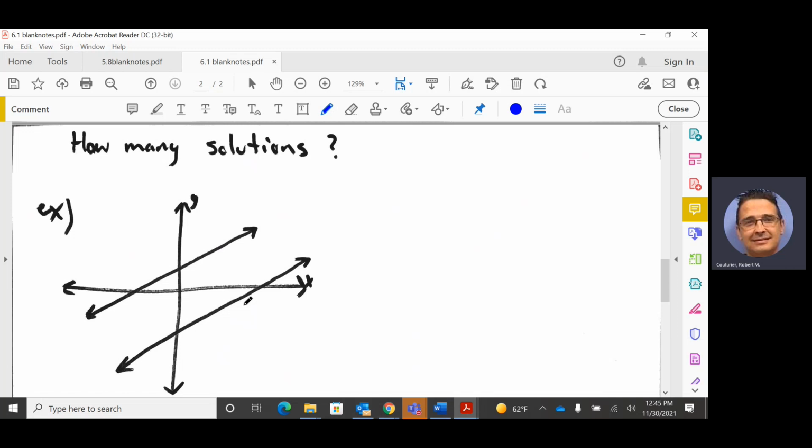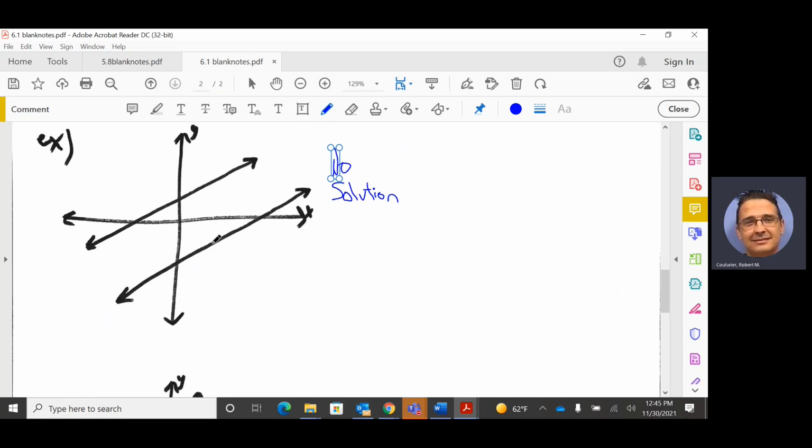Hopefully, north and southbound lanes are parallel the whole way, so they never intersect. We got some issues, right? They never intersect, so this is no solution. They never touch, so you'll never have a point in common.